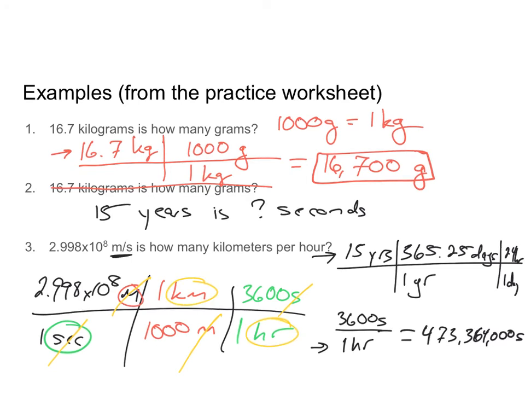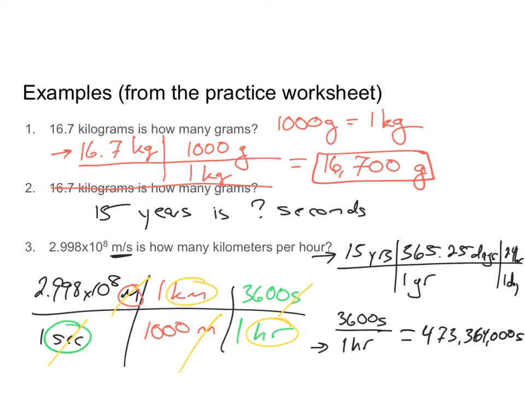And that is how we do our unit conversions. So if I go ahead and plug this in, I got 2.998 times 10 to the 8th meters per second times across the top, so times 3,600, divide by across the bottom, that's divided by 1,000, and that is still a lot of kilometers an hour.